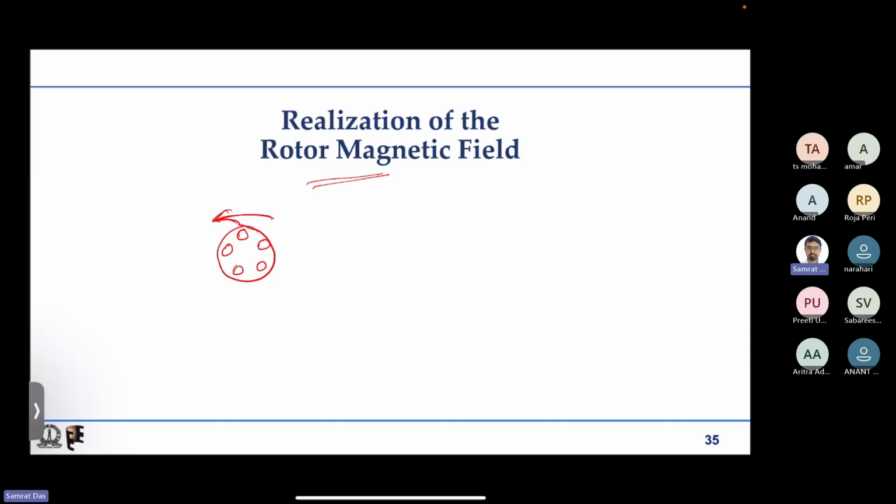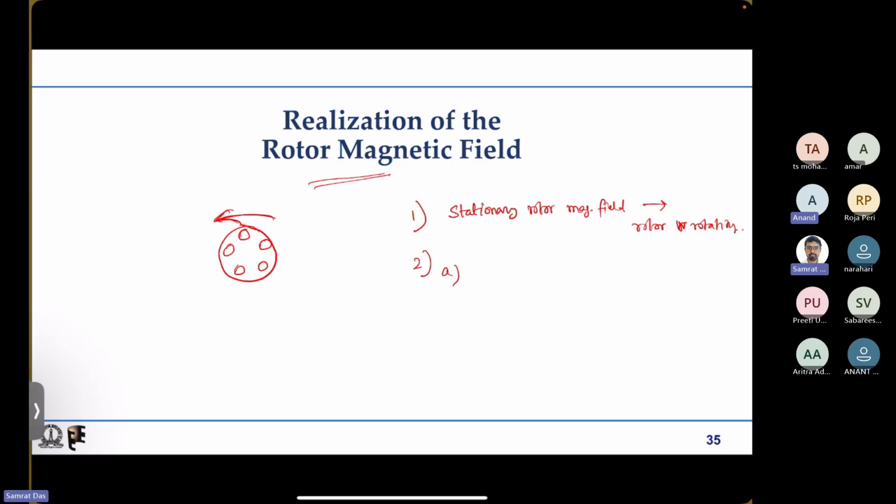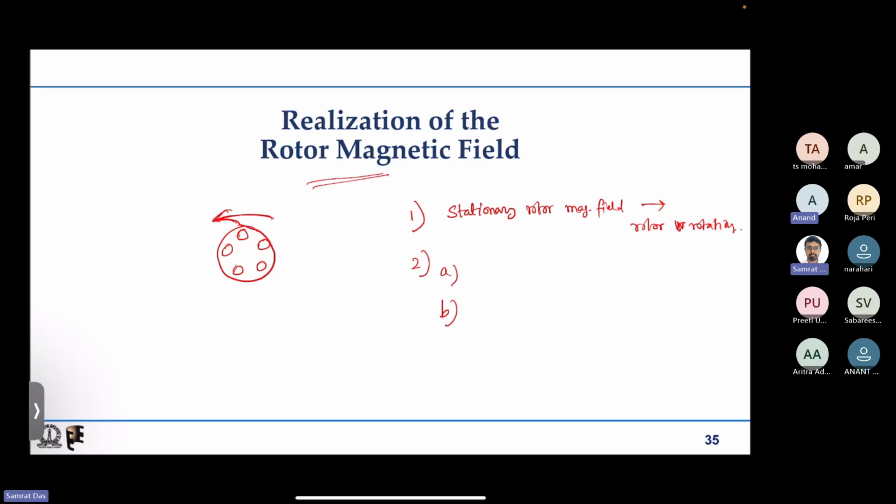Now the problem is, for the first case, can we have a stationary rotor magnetic field, although the rotor is rotating? Second problem, can we have a rotating rotor magnetic field? And we will see that we can have that in two ways. This is where statically induced EMF and dynamically induced EMF come into the picture.